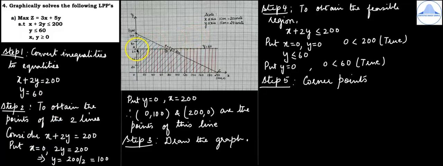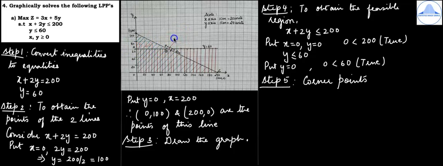So this A is actually, we already know, it is 0, 60. And this B, if you see this point, you should draw a line here so that it touches the x-axis. This is 80, and from this point you should draw a line over here, that is 60.